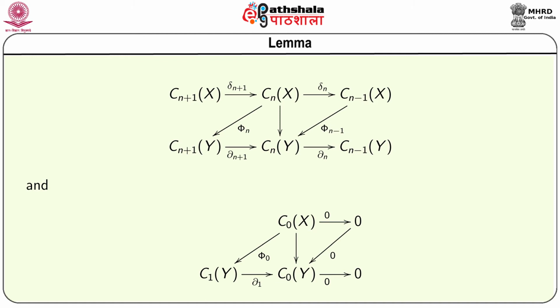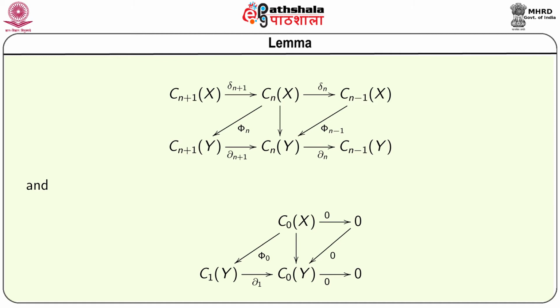when n is taken as 0, then the right hand triangle is nothing but the trivial homomorphism.